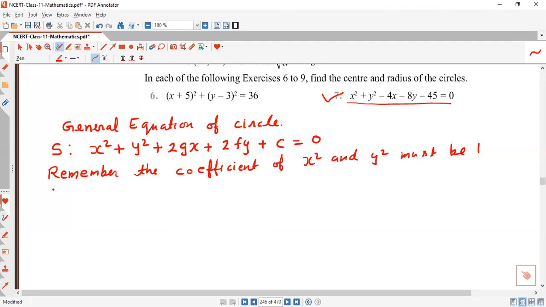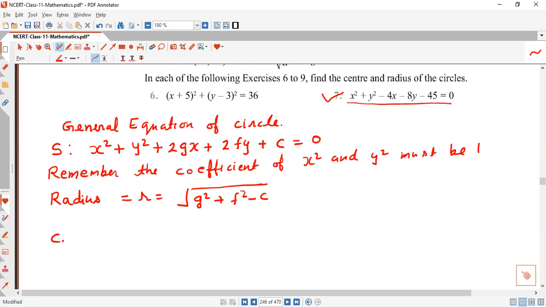Second, we see what is the radius. The radius of the circle will be equal to what? R will be equal to under root g square plus f square minus c. This is the formula to find out the radius.